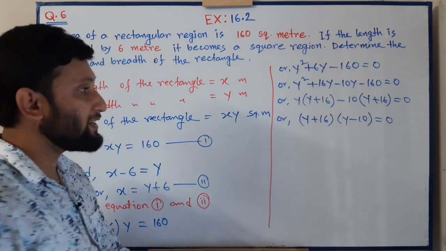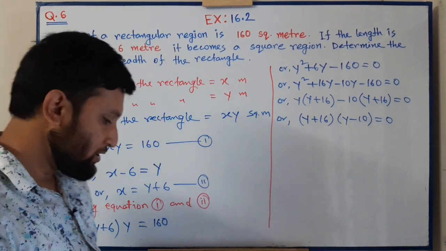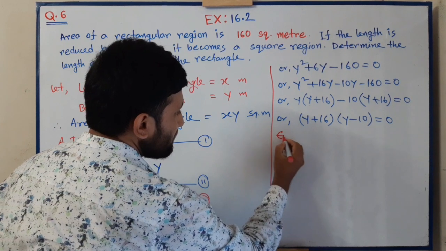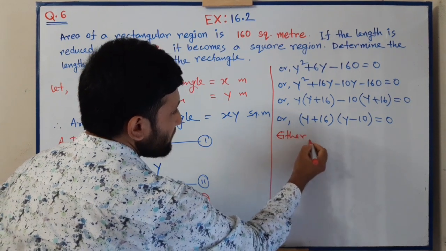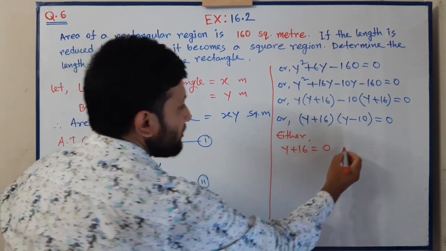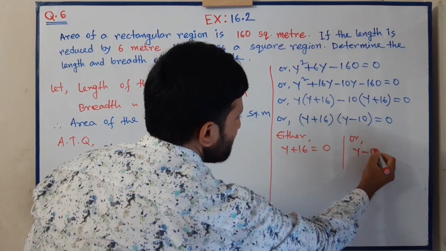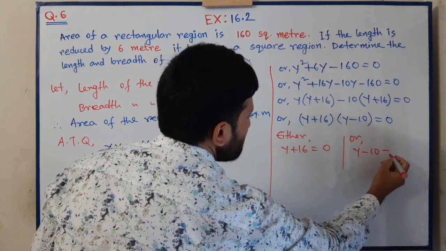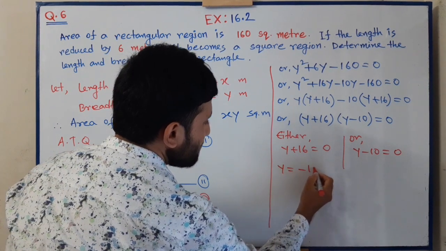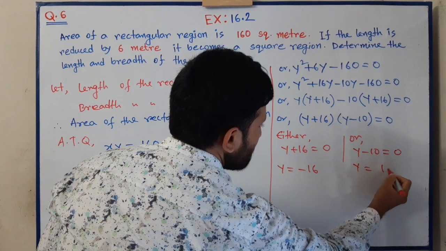Okay, so we can write either first factor is 0 or second factor is 0. Either first factor, that means y plus 16 equal to 0, or second factor, that means y minus 10 equal to 0. So here see that y equal to minus 16, and here we can write y equal to 10.